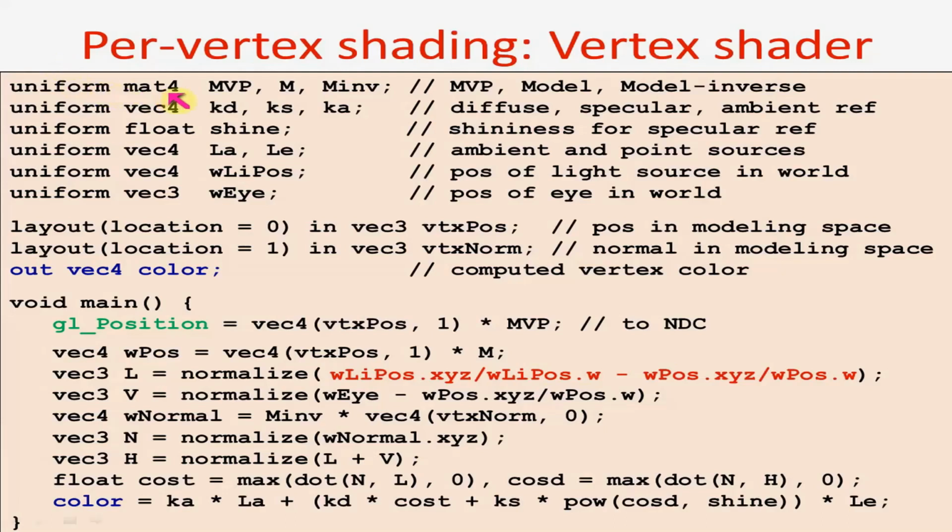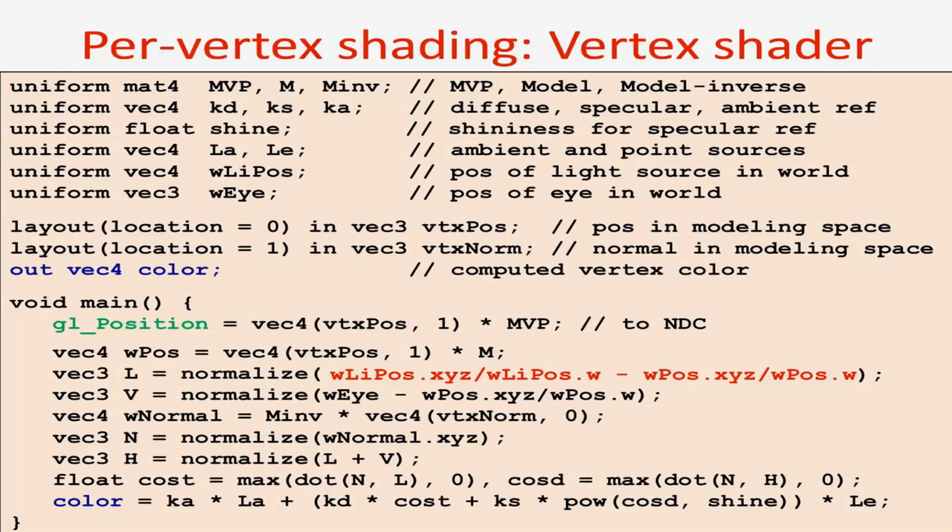Uniform parameters include the transformation matrices like the model view projection, model and inverse model transformations. Model view projection matrix takes the point from modeling space to normalized device space. M, the modeling transformation, takes it to world space for illumination computation, and its inverse is used to transform the normal vector.